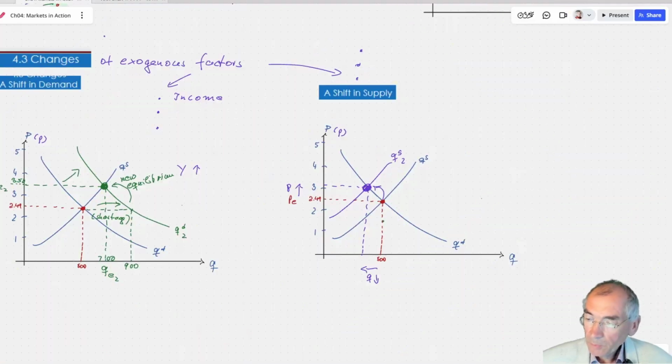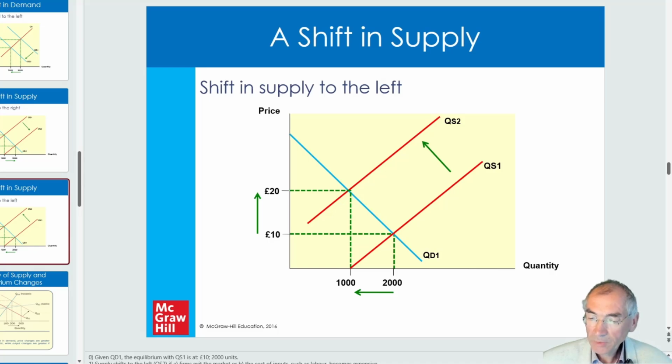And also here there are different factors, and let us discuss in class which factors bring the supply curve to shift to the left or to the right. So we have these two reactions, and of course this can go in both directions. That figure shows a shift to the left, but there can also be a shift to the right.